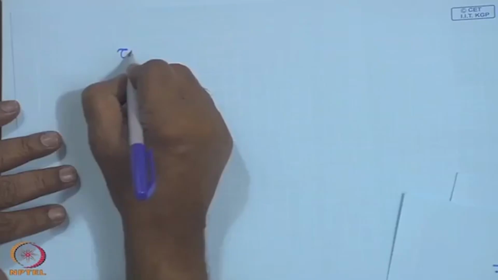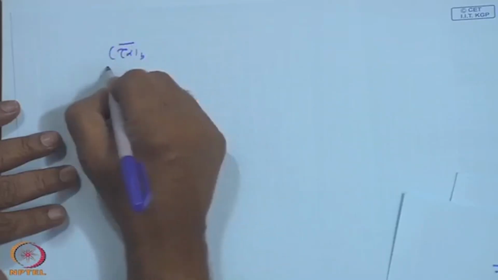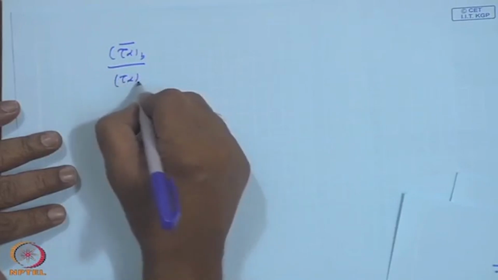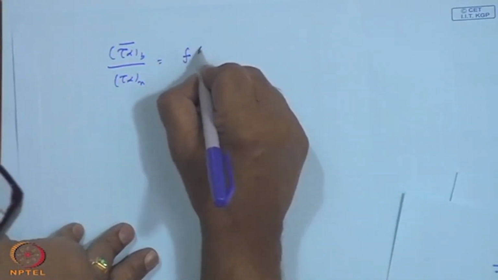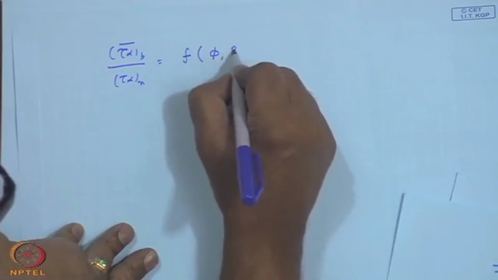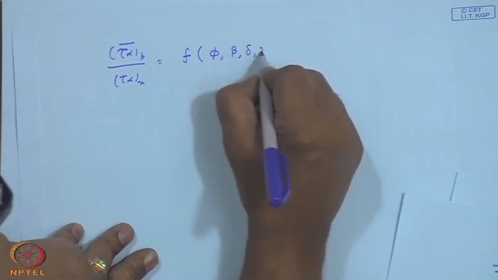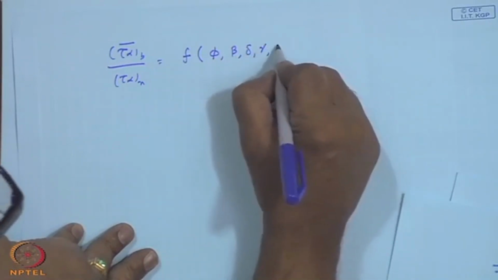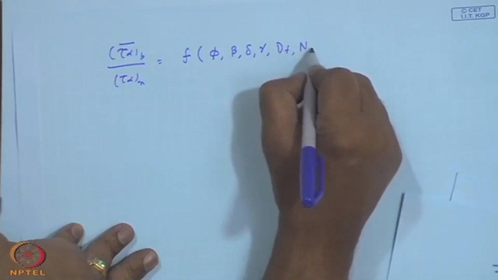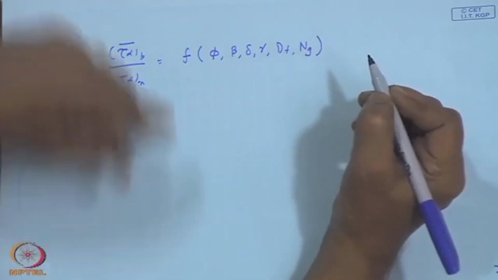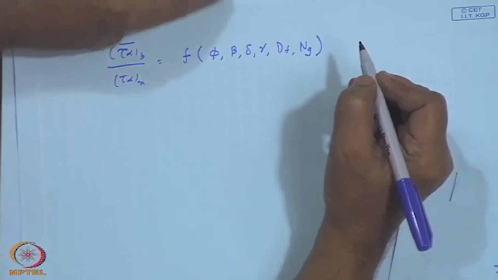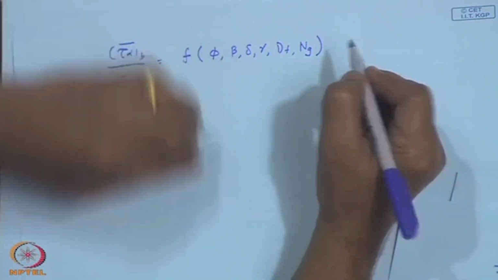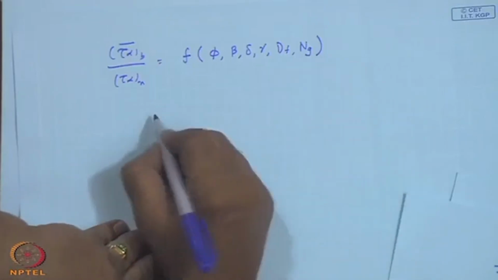So, now you have got tau alpha bar by tau alpha n will be a function of course, phi, beta, delta, gamma, df and ng, number of glass covers. So, df is the diffuse fraction, which will take into account the climate, and ng is the number of glass covers.